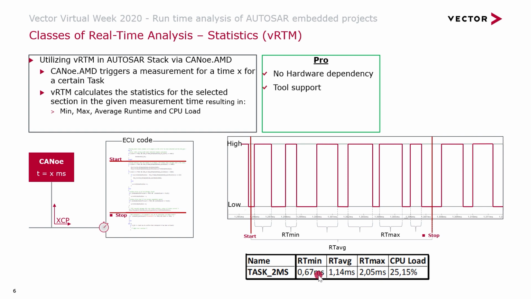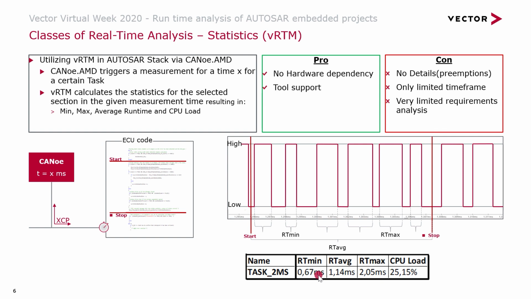Now the disadvantages here are that I have no details. I only get the statistical values, and I only have a limited time frame that I can look at. This means if I see these results, I don't know how these 25% CPU load have come about.